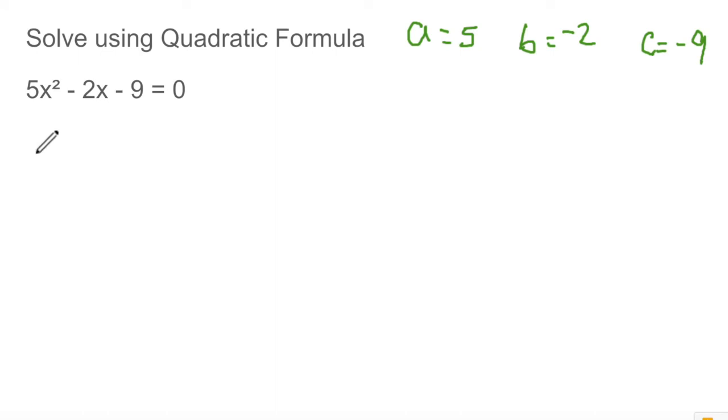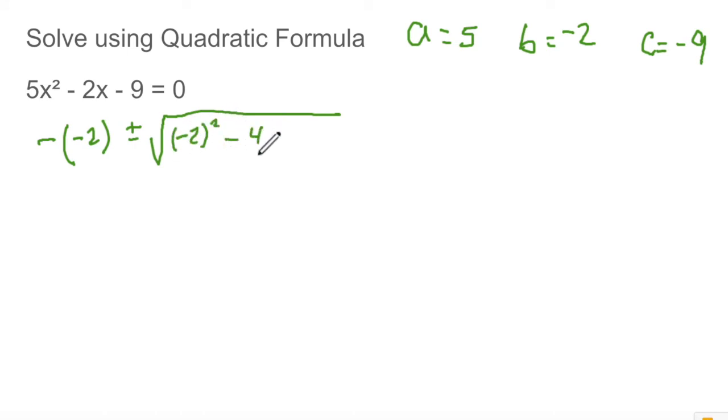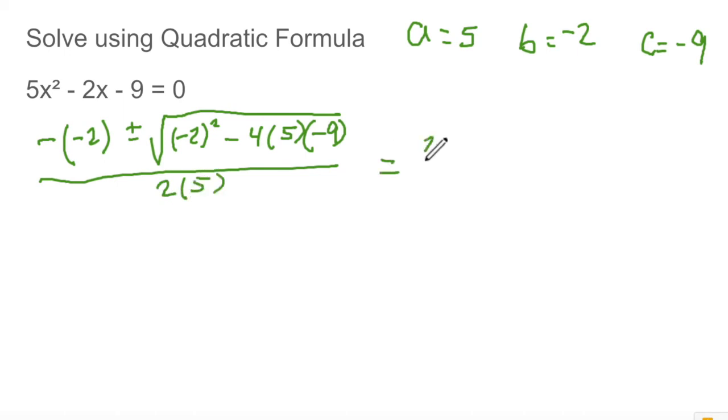X equals negative b, which is negative negative 2. We've got the double negative again, plus or minus the square root of b squared, which is negative 2 squared, minus 4ac, 4 times 5 times negative 9, all over 2a, which is 2 times 5. Negative 2 becomes a positive 2.